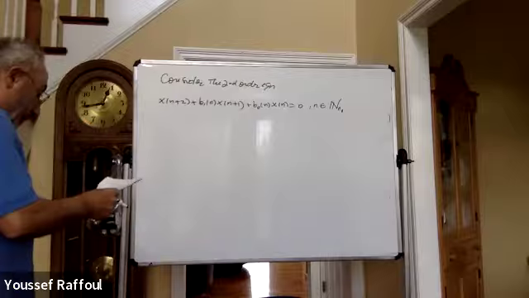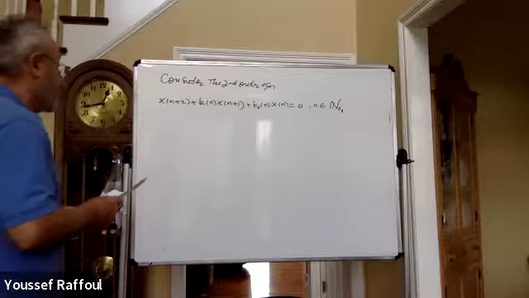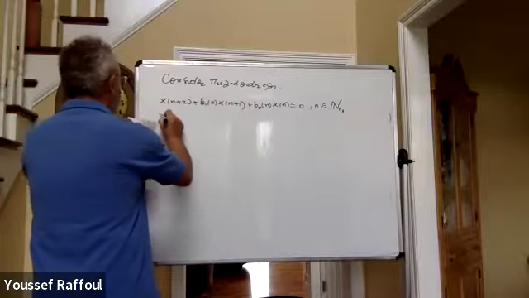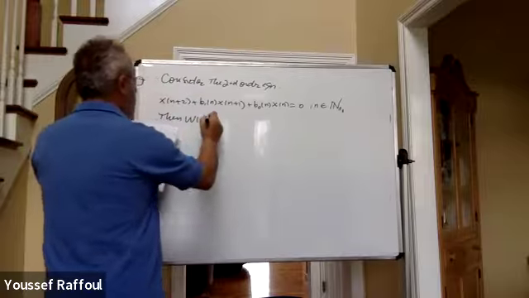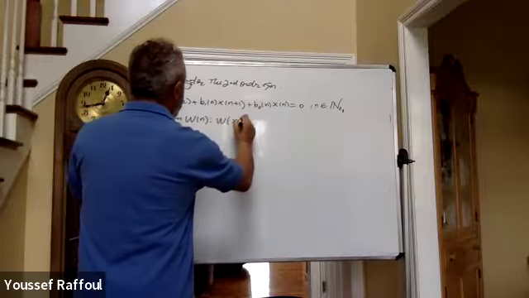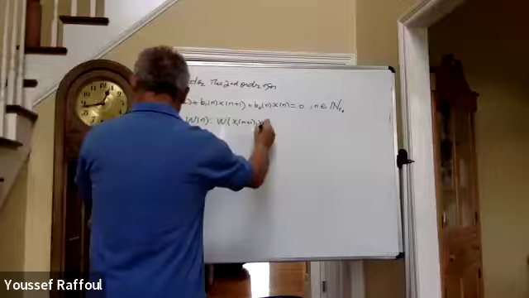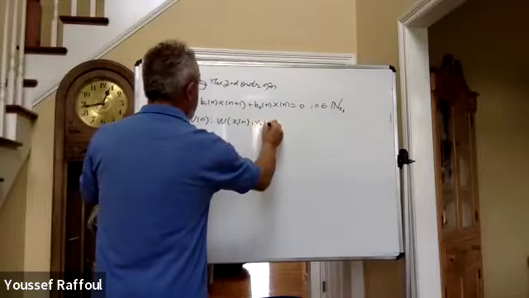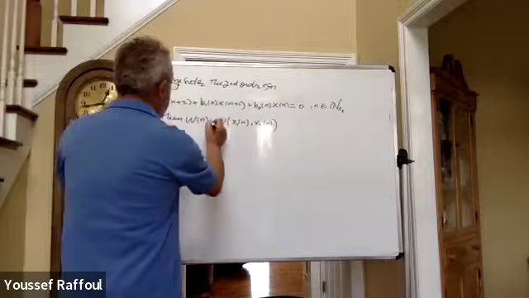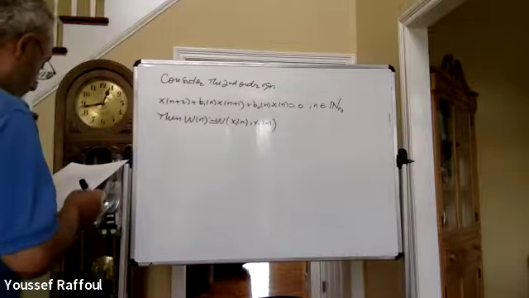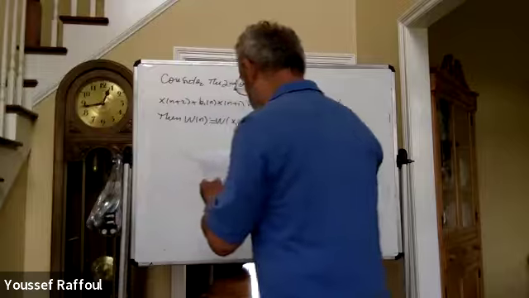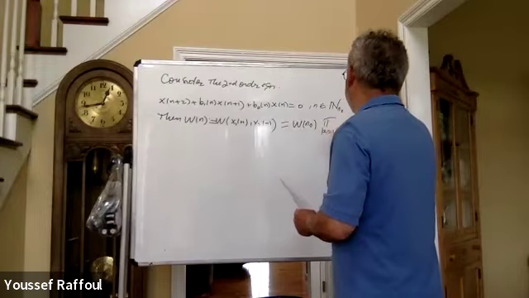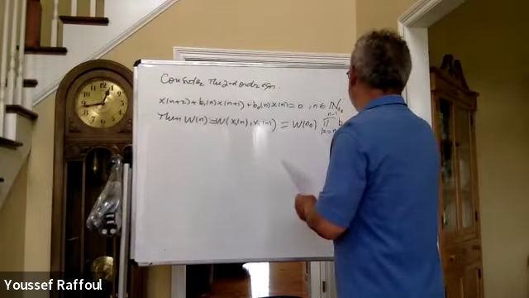Then W(n), which is W of x1(n), x2(n), by definition, is equal to W(n naught) times the product for k equal n naught to n minus 1 of b0(k).